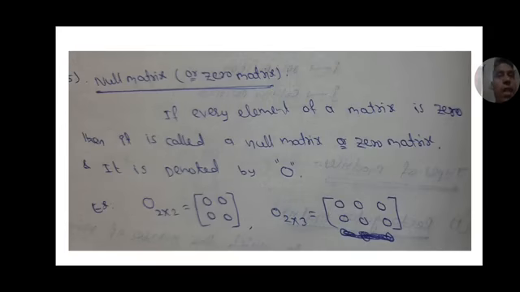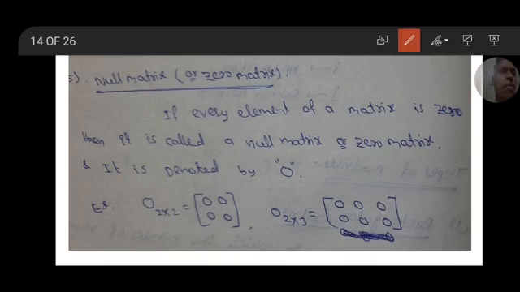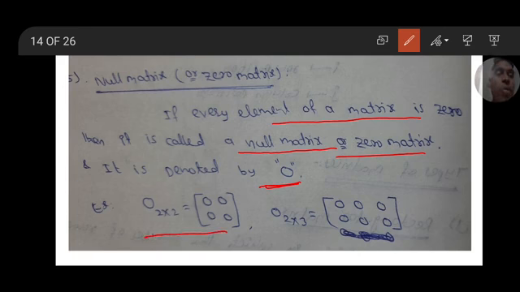Next, null matrix or zero matrix. If every element of a matrix is 0, then it is called a null matrix or a zero matrix, and it is denoted by O. Suppose O 2 by 2 matrix, all elements are 0, 0, 0, 0.